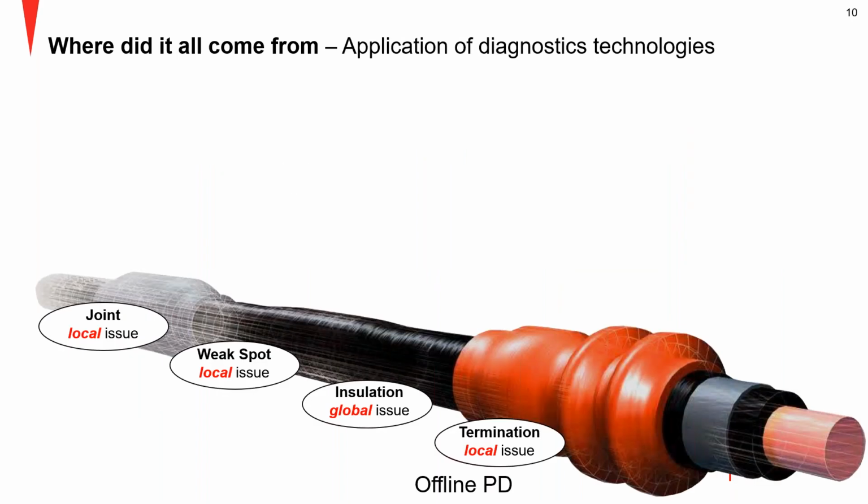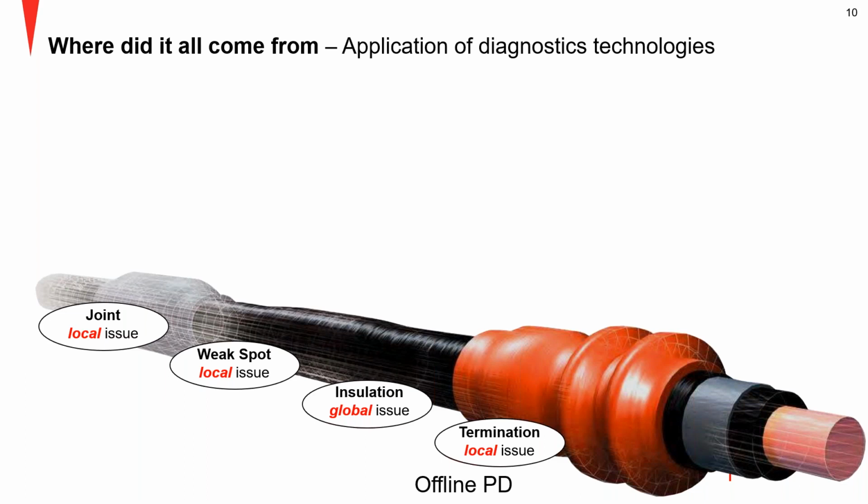And now another thing we talked about, you have different technologies, you have new cables, you have service aged cables, and very important, which also affects the technologies, you have different types of faults. Generally speaking, you have so-called local issues and global issues.